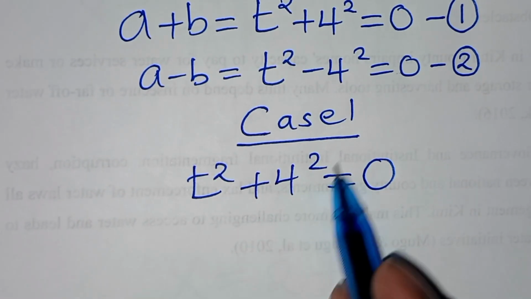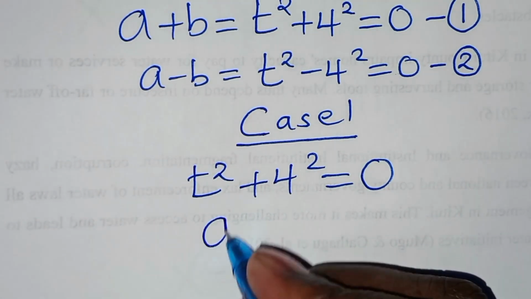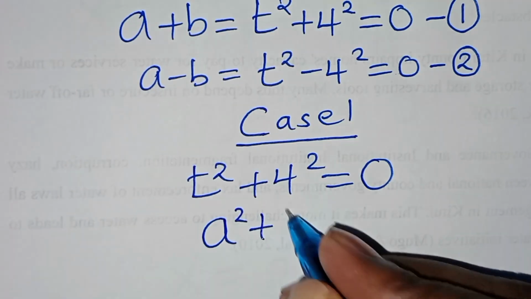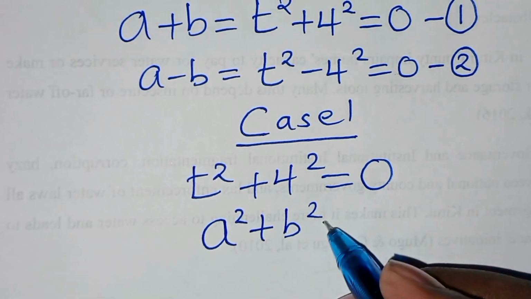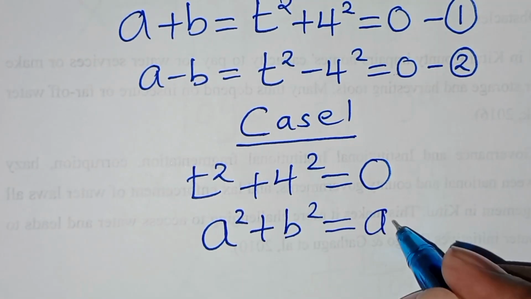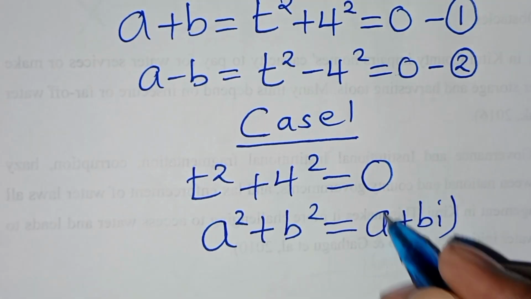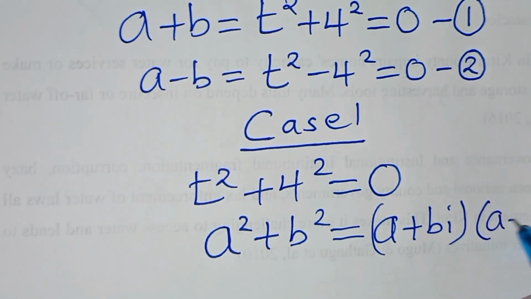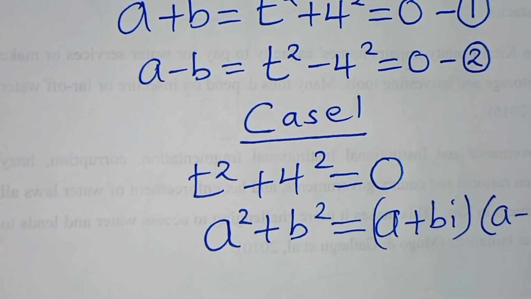Now, t squared plus 4 squared is in the form of a squared plus b squared, which we can express as a plus bi, then a minus bi.